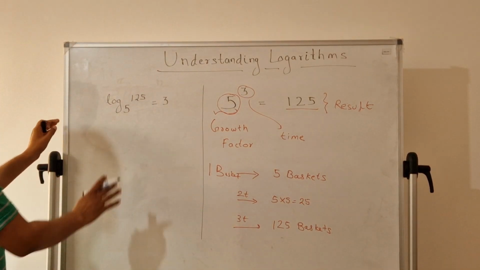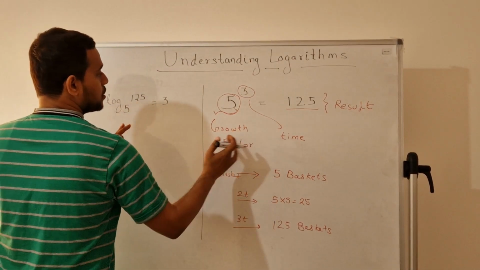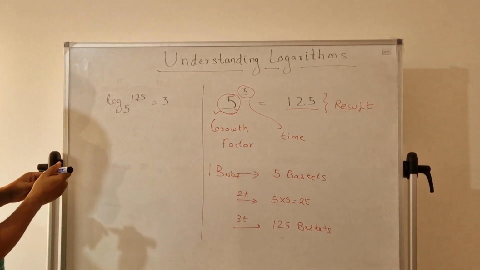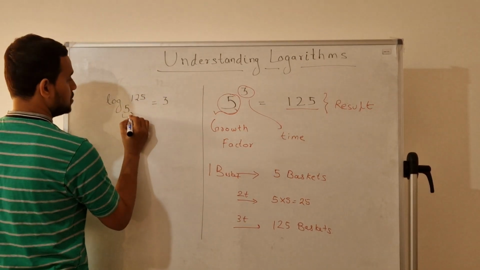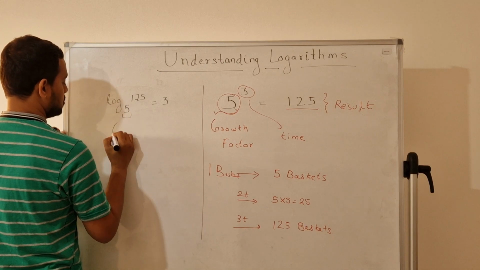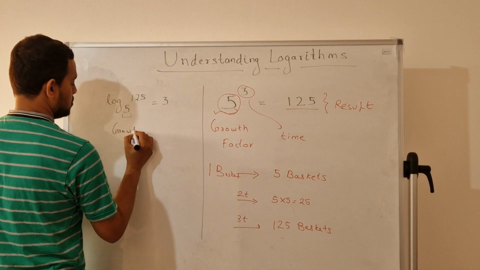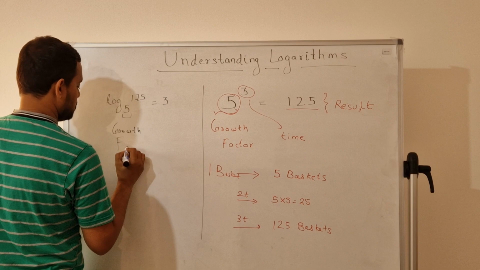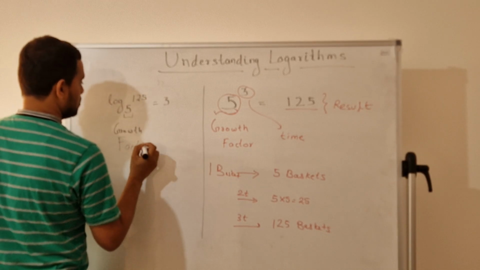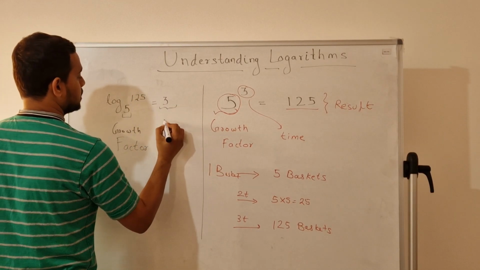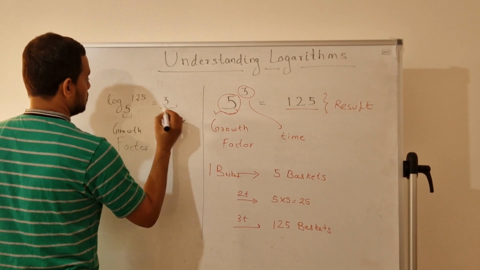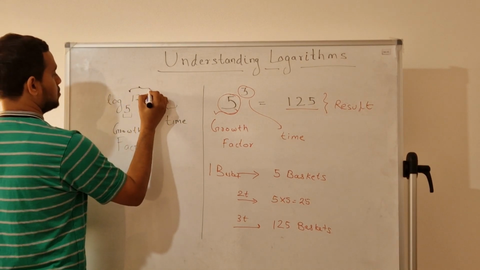Okay, what does this mean? Let's apply these concepts again. So this 5 is your growth factor, this is time, and this was the result.